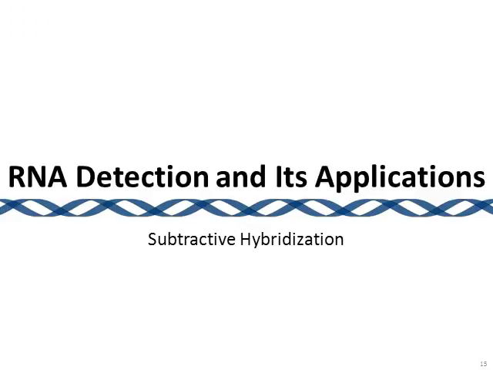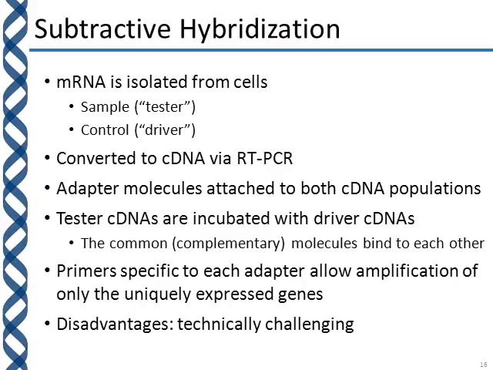The next technique that we'll discuss is subtractive hybridization. Within subtractive hybridization, the messenger RNA is isolated from cells: your sample, the test or tester sample, and the control or driver. The messenger RNA is converted to cDNA via RT-PCR.